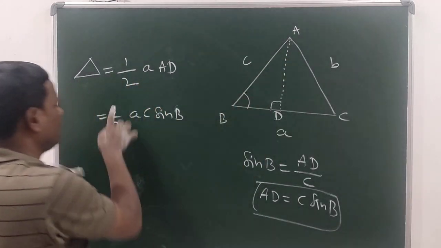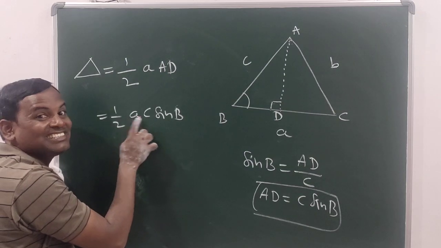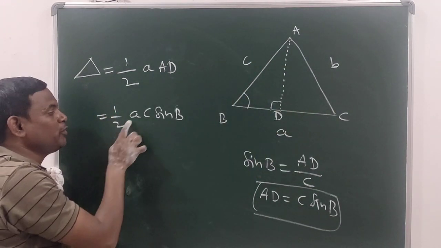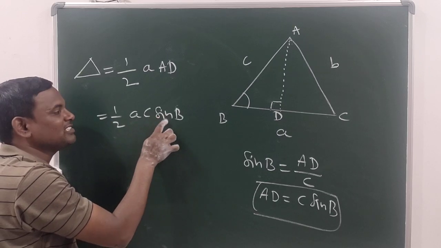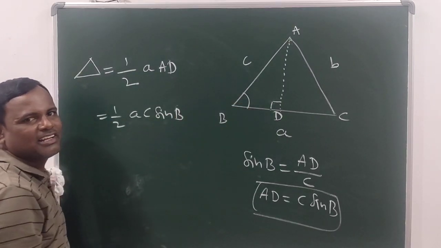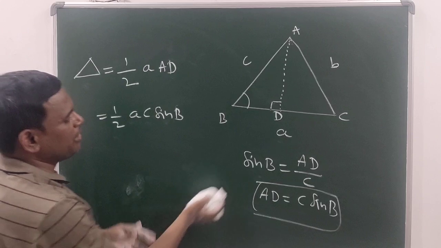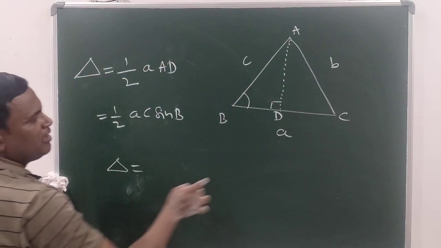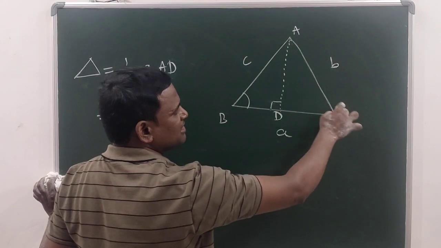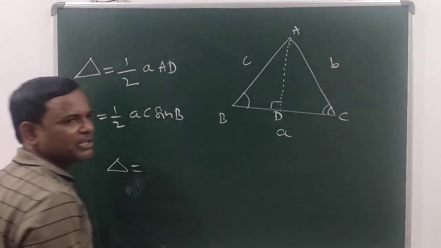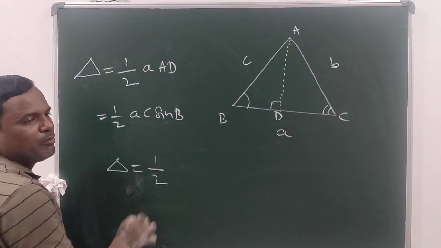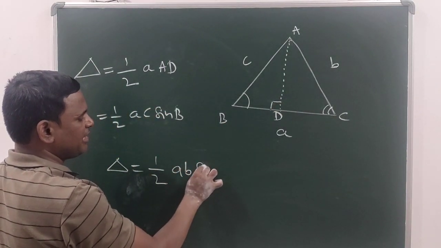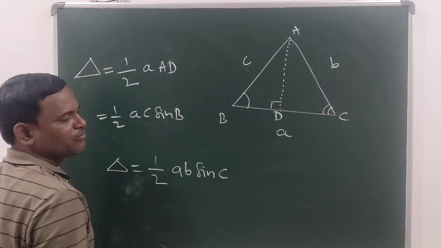B. Here it is 1 by 2 product of adjacent sides, a and c are adjacent side lengths, no? 1 by 2 product of adjacent sides and sine of included angle. Similarly, if you take these two sides as adjacent sides, this will be the included angle, no? 1 by 2 product of adjacent sides and sine of included angle.